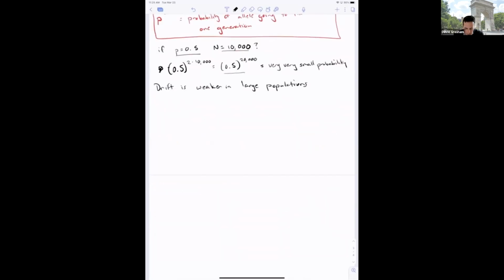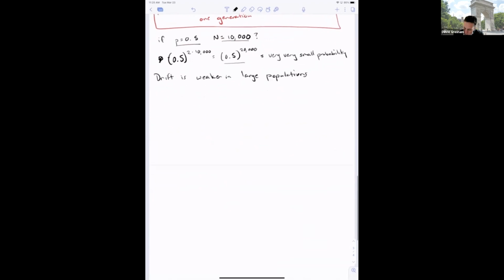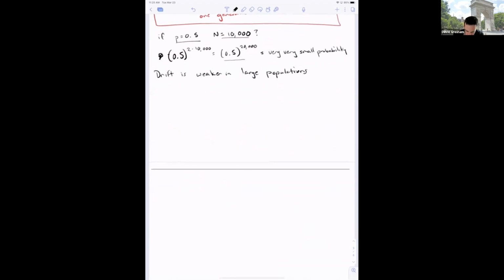Let's then ask a different sort of question, okay? Let's consider now a different scenario. Let's consider a population where the population size is 500 individuals, but again, P equals Q equals 0.5 in our current population, T0.